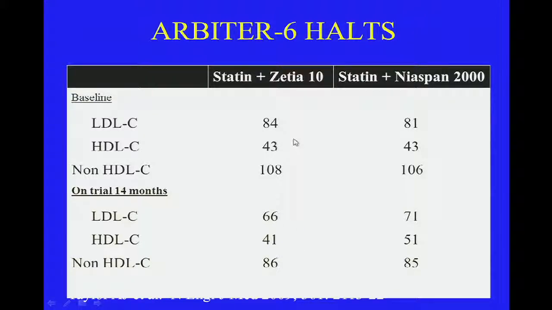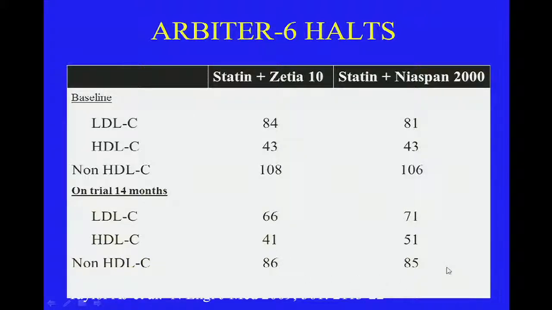So let's just look now at the baseline and at the on-trial 14-month differences. And when you're looking here, what happened to the LDL? Well, there's a 5 milligram per deciliter difference here. It's a little bit better with the Zetia, since it's a 20% reduction, and this is 15% when you use the niacin. The HDL was a major difference. You see that 10-point difference?